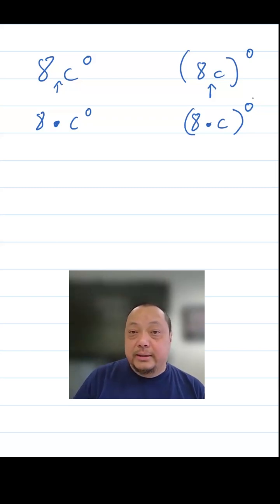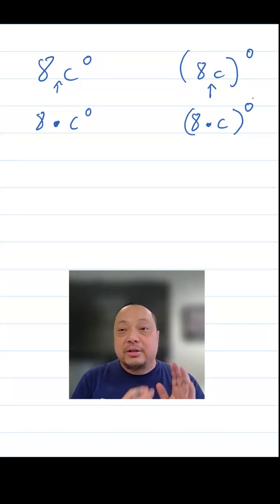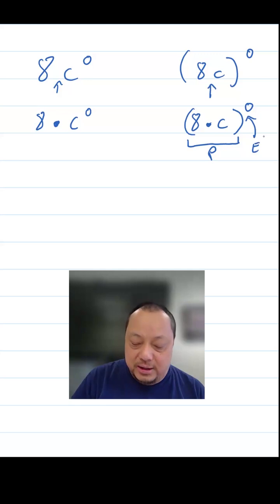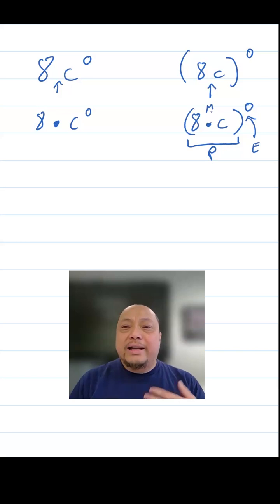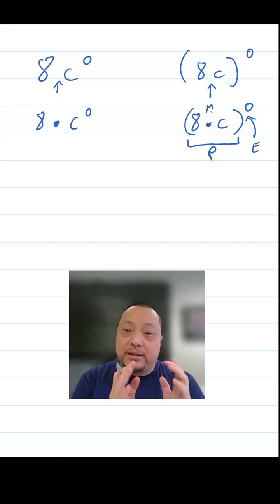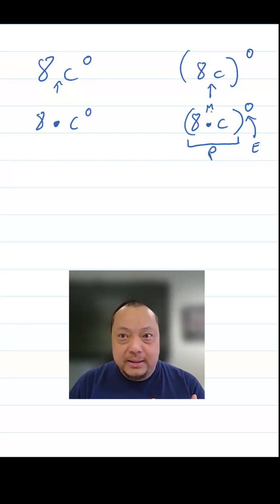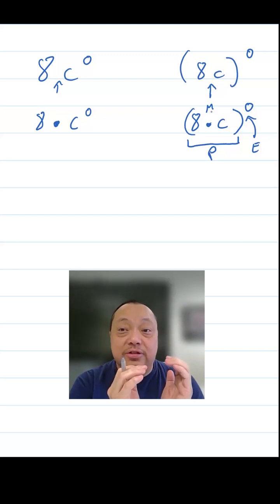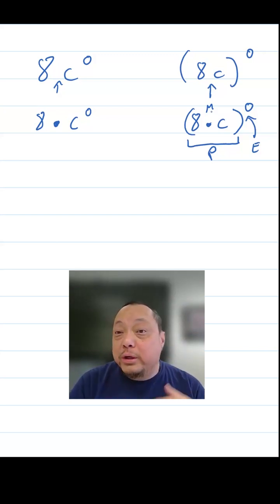Now I start calculating. The one on the right is a little harder, so let me do that first. I have parentheses, that's letter P in PEMDAS, and I have the exponents, E, and I have this multiplication in the middle here. Well, I don't know what c is equal to, so how am I going to do the 8 times c? It's inside parentheses. I'm supposed to do that first. Well, lucky for me, I'm going to do all of that multiplication inside the parentheses first. After I have done that, I would arrive at some number.